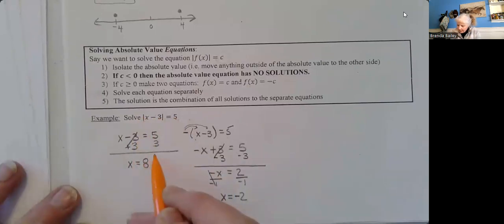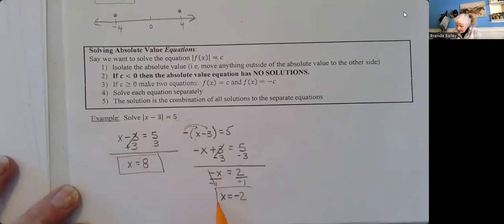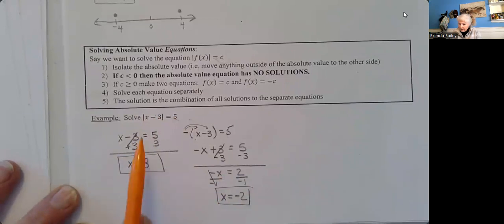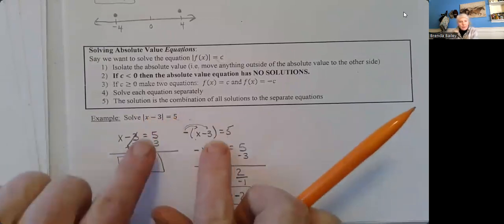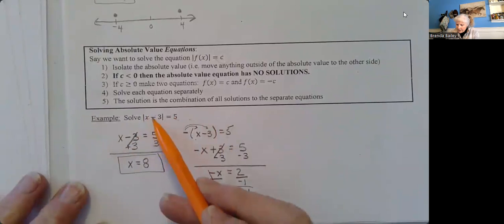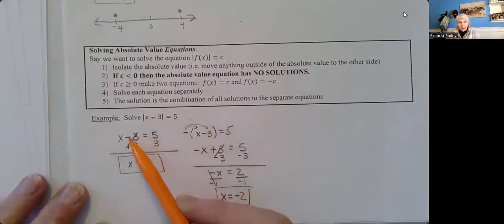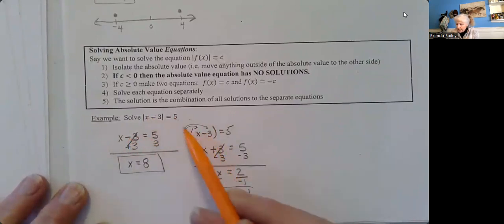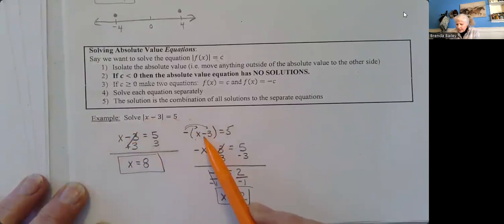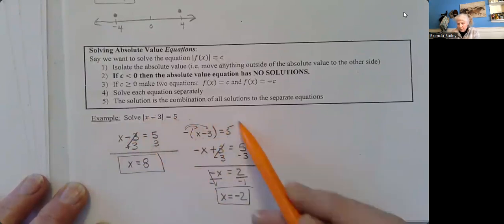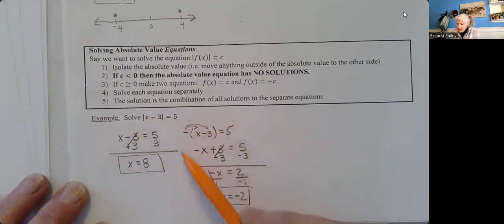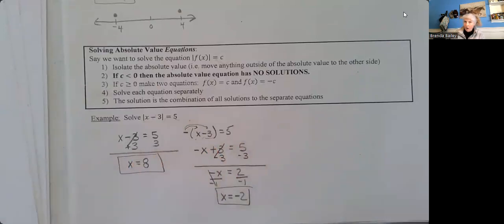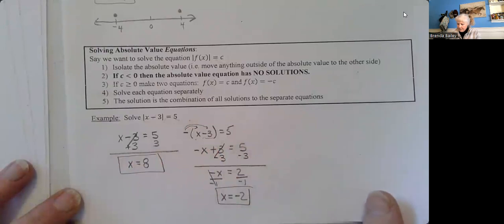So again, I need you to remember that when you've got the absolute values, you have 2 separate equations. What's inside can be positive, you just write it like it is, or what's inside can be negative. And the reason I'm using this process, and you don't have to, but this process carries over to inequalities very easily. And you only have to know one way of doing all of these, whether it's an equal or an inequality.